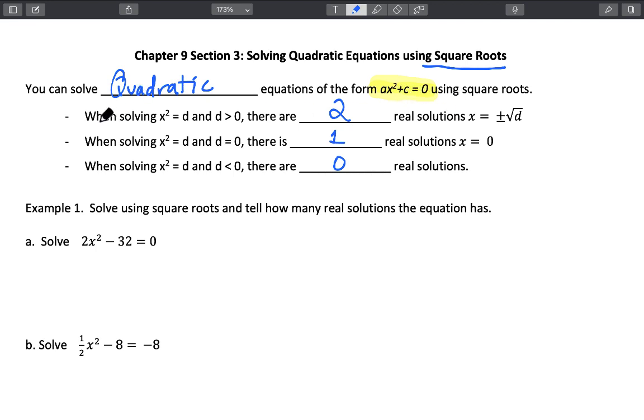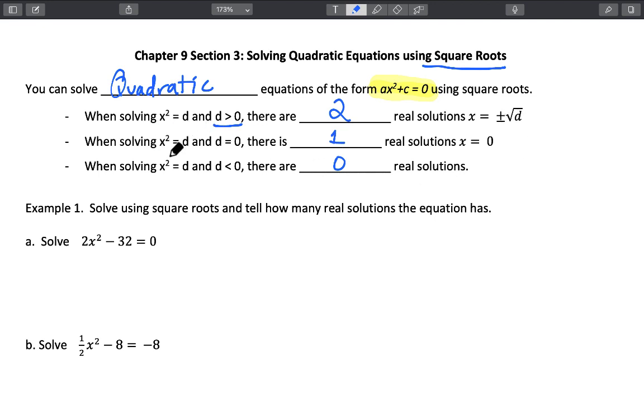Now, when we have this situation of ax squared plus c is equal to 0, and we whittle it all the way down to get x by itself, and we have x squared set equal to d, and d is some positive number, if it's greater than 0, then there will be two real solutions. It will be the positive and negative square roots of d.